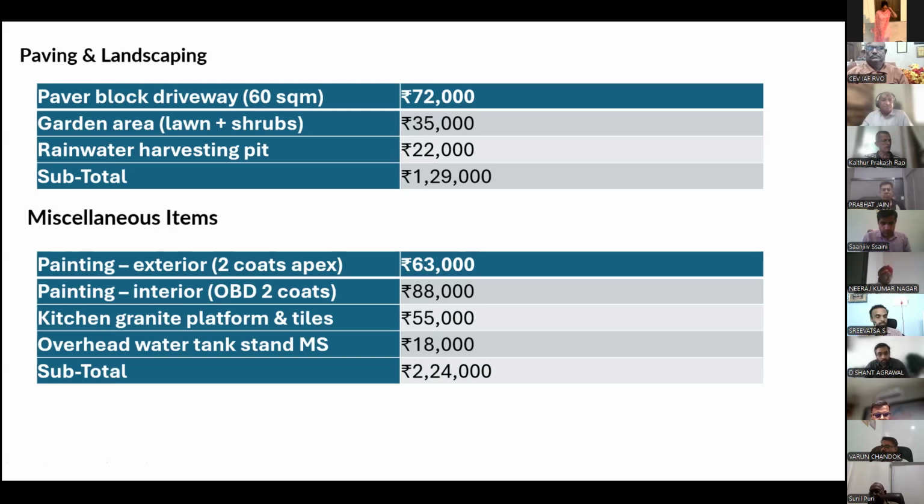So I am just giving you the things which you have to mention: exterior painting, interior painting, kitchen granite platforms and tiles in the kitchen, overhead water tank stand of mild steel, 18,000. So subtotal is 2,24,000.